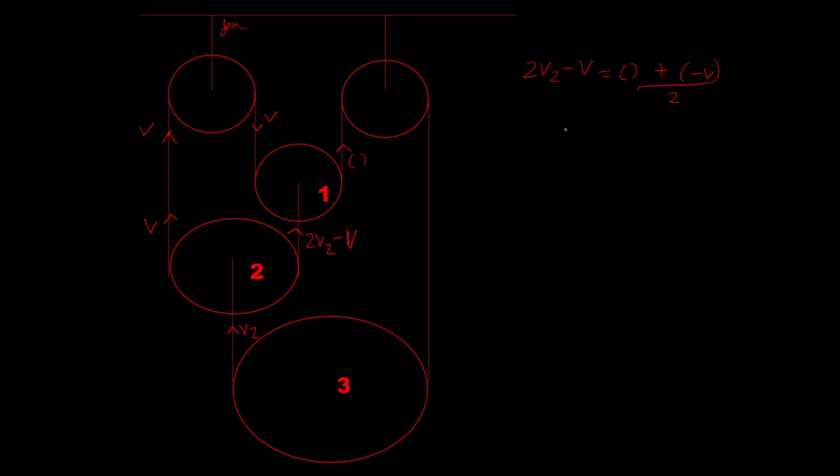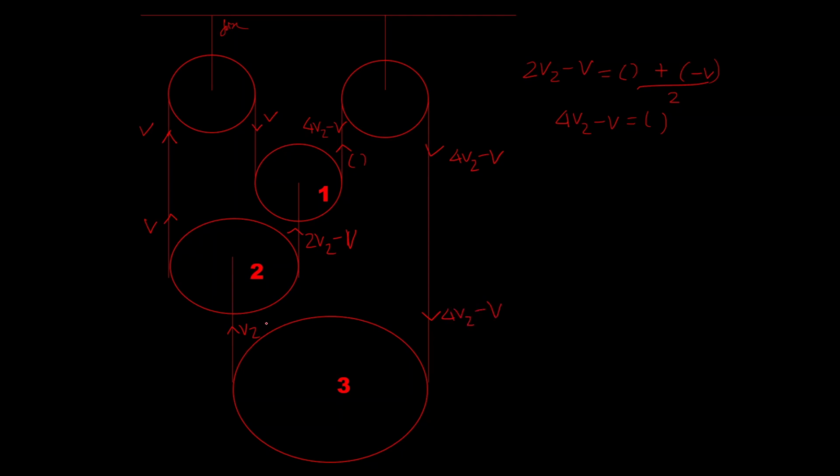So this is going to be 4V2 minus 2V is equal to minus V. So this is going to be 4V2 minus V is equal to the velocity of this part. So since this is also the first kind of pulley, the velocity of this part is also going to be 4V2 minus V.